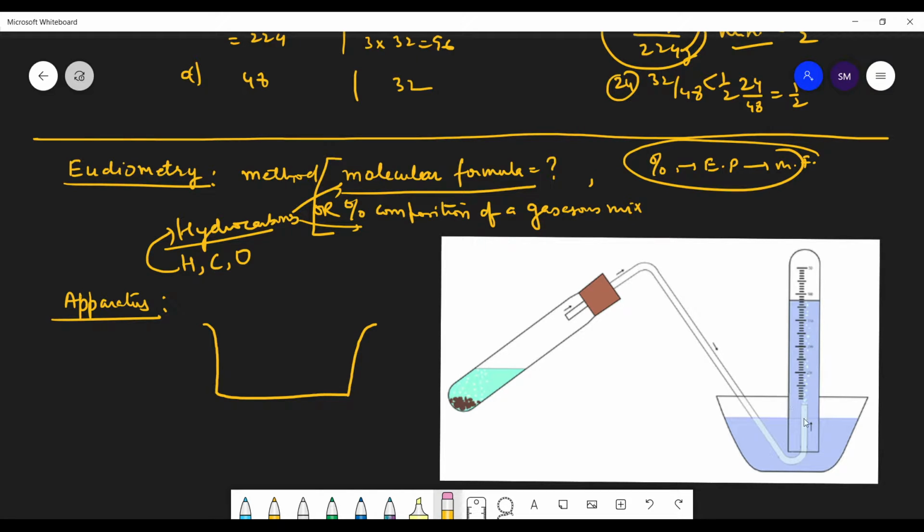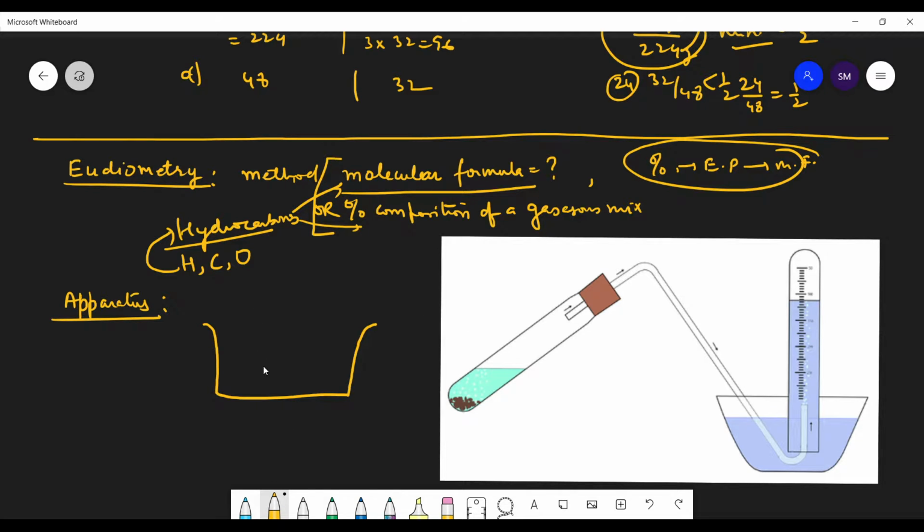So students, see here, this is a graduated tube which is open at this end. The closed end is provided with electrodes.